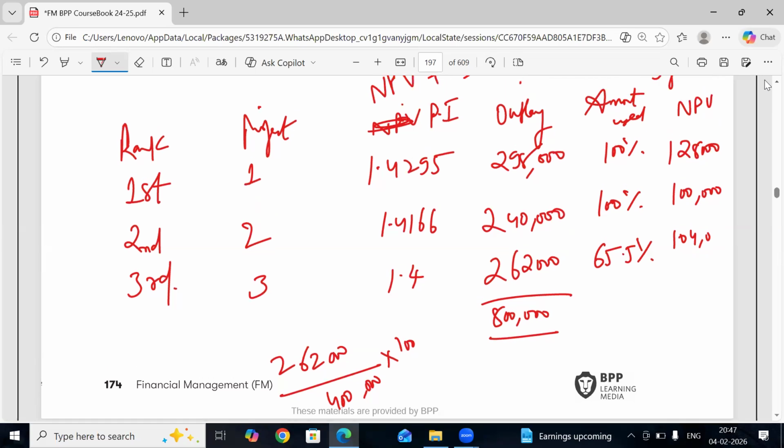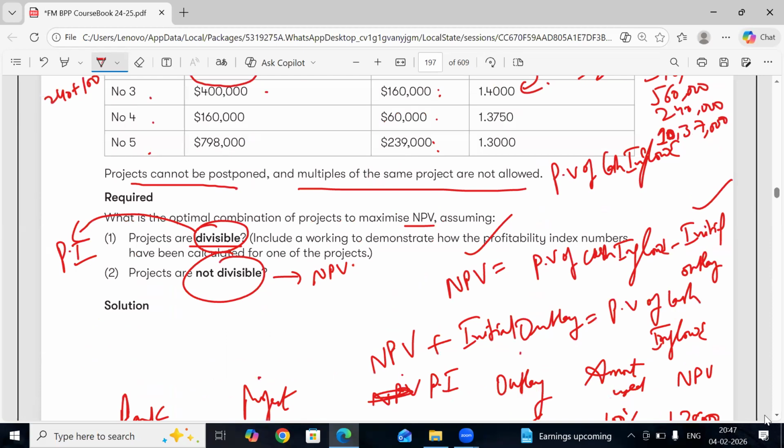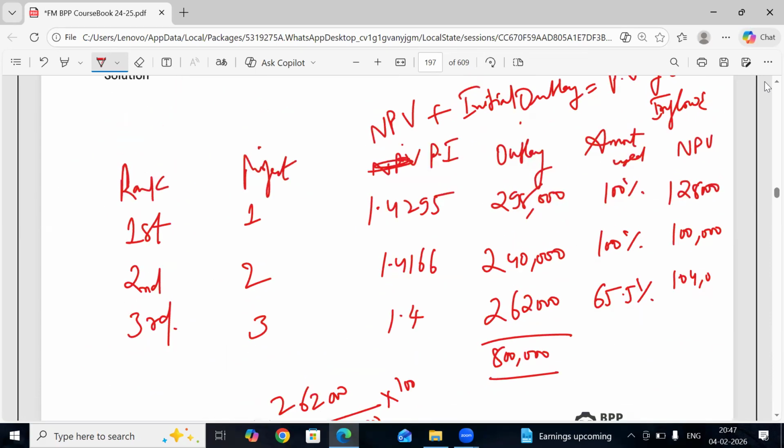And NPV was how much? 1 lakh 60, into 65.5%, is 1 lakh 4,800. Now the total of all this is 3,32,800. So this is the way we have to go for divisible projects.